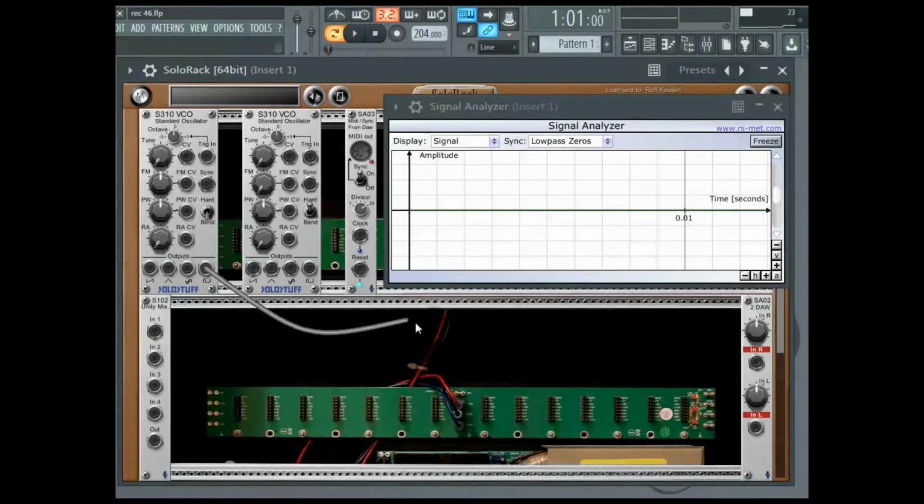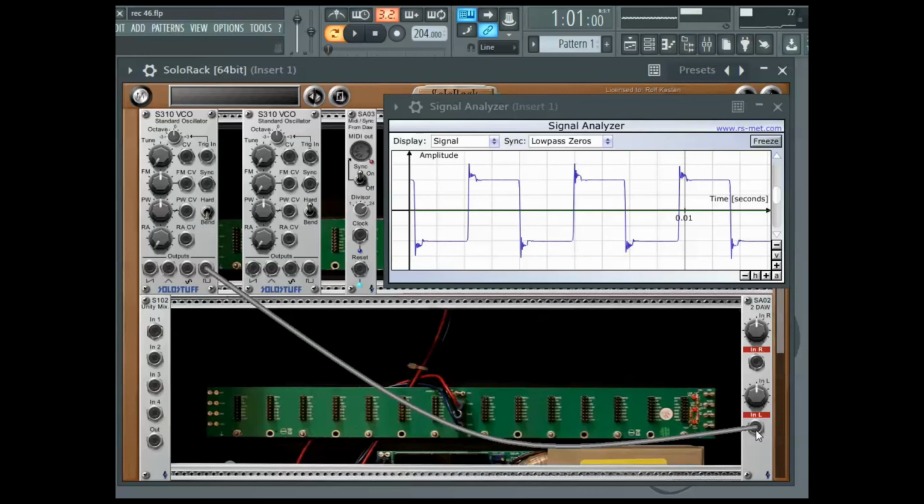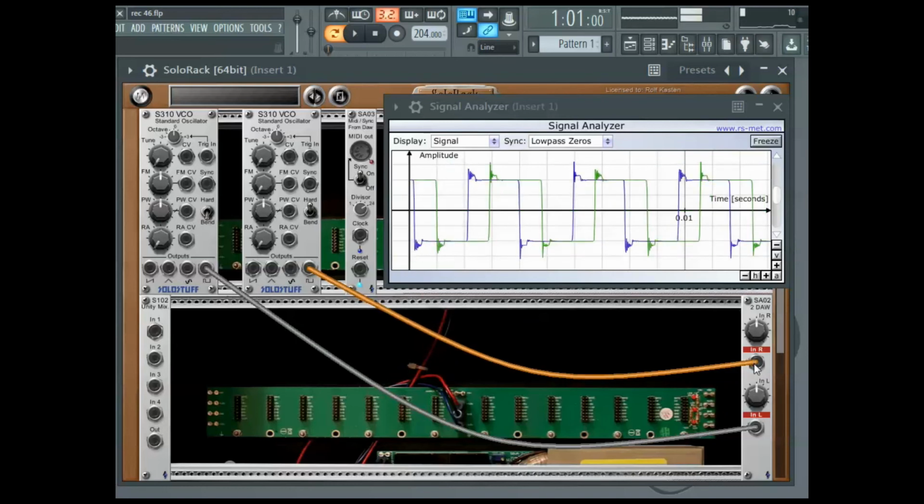Everything I have said about phase in the last minutes is also valid for different units, not only for the two cores of a single unit. Let me demonstrate the phase shifts and my synchronization technique with two independent VCO units.